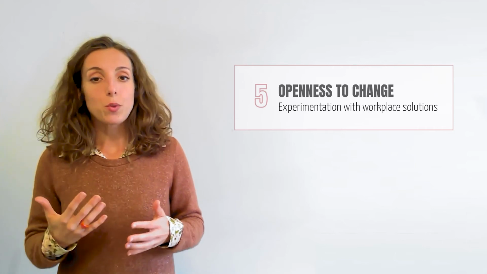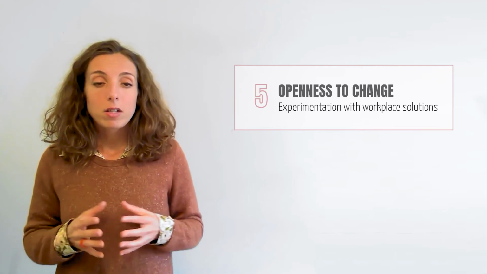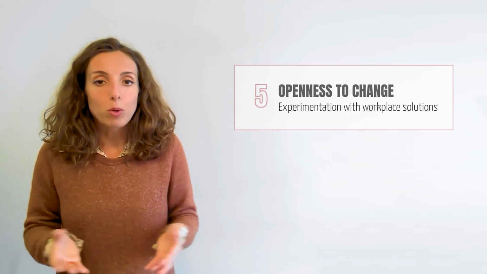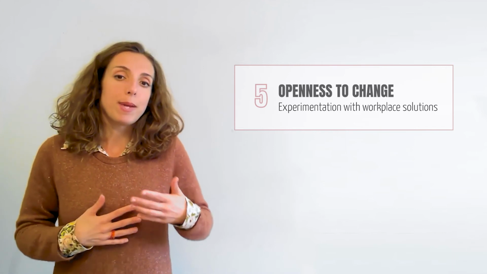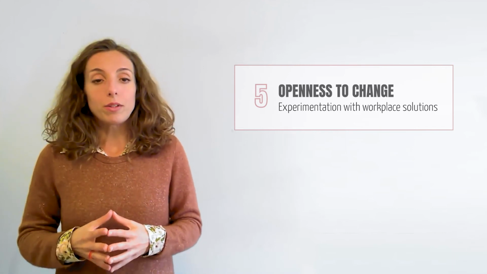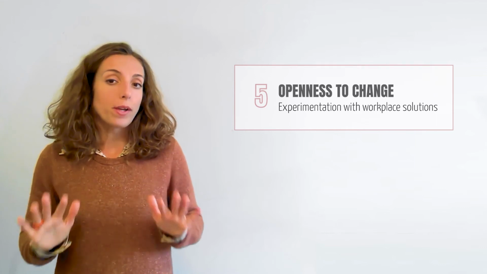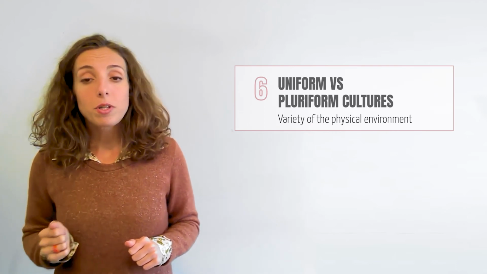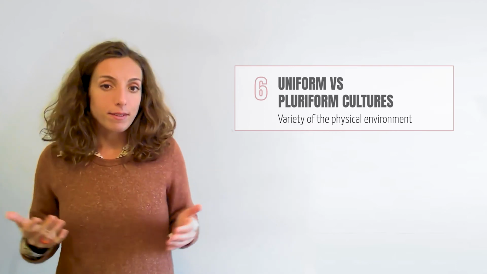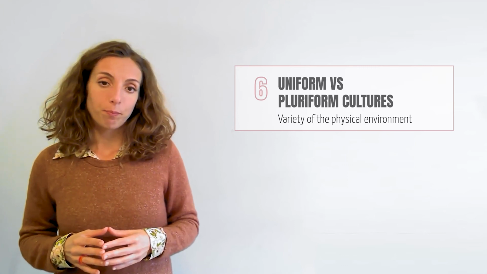So organizations where change is the constant will be readily available to try out innovative workplace concepts. Organizations based on stability will need to embrace change at a more careful pace. And finally, uniform versus pluriform cultures impact the variety of the physical environment.